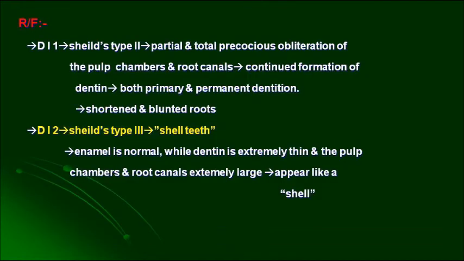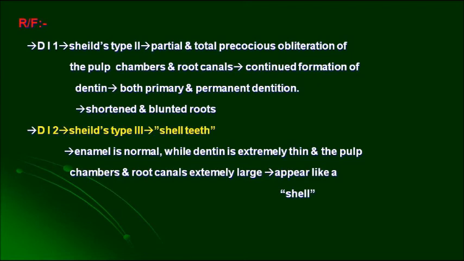Now another important point is what is the radiological feature of dentinogenesis imperfecta. Dentinogenesis imperfecta type 2, that is Shield type 3, is actually known as shell teeth. That is a very, very important MCQ. Dentinogenesis imperfecta type 2 in the revised classification, when it comes to Shield classification, is type 3, the Brandywine type, and is called shell teeth.